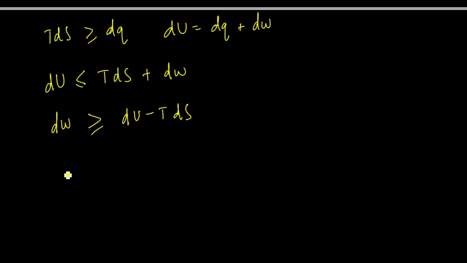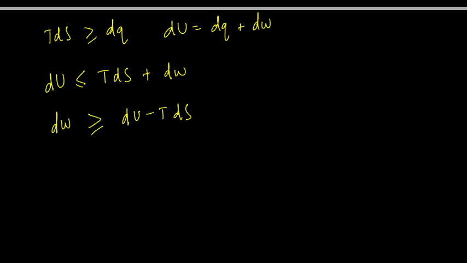So, whatever the work done by the system is always greater than du minus TdS, right? So, if I say work done by the system, then this is a negative quantity. It's a more negative quantity than this one.